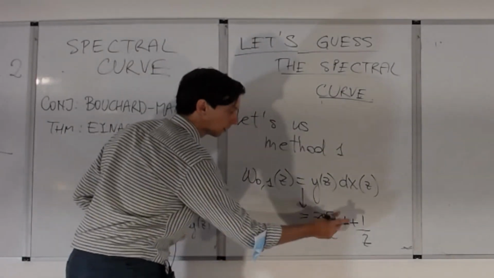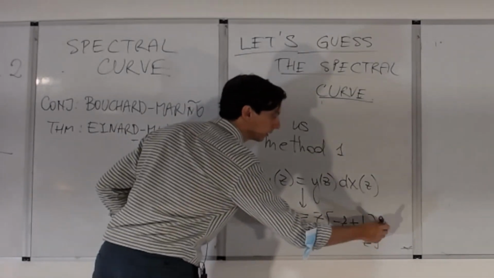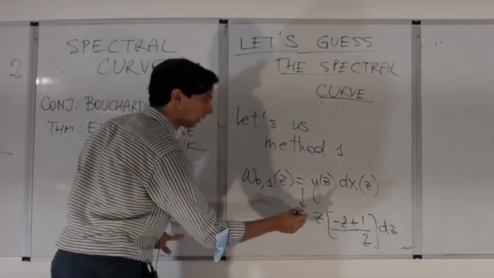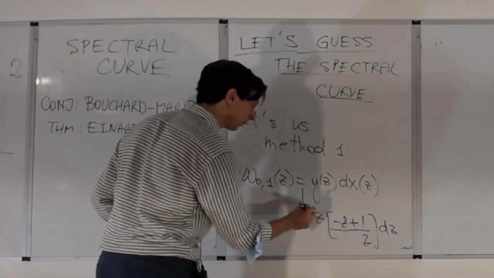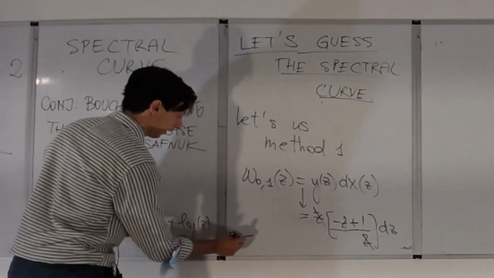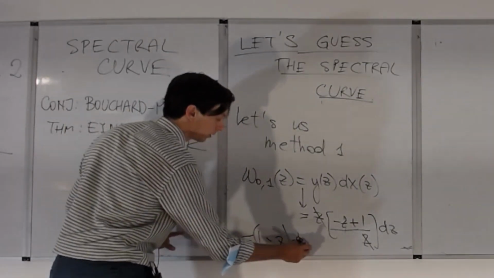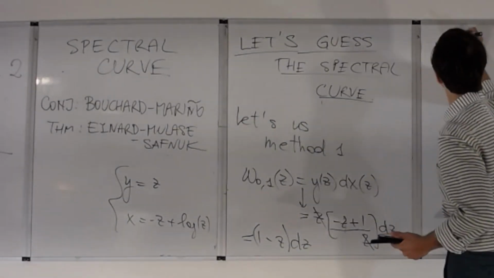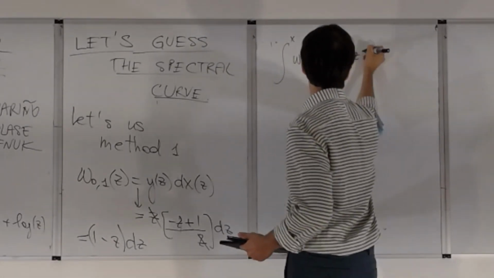Then I multiply here, and at the end of the day, I just have (1 minus z) dz. So if I take the integral of omega 0,1, this is going to give me just that.